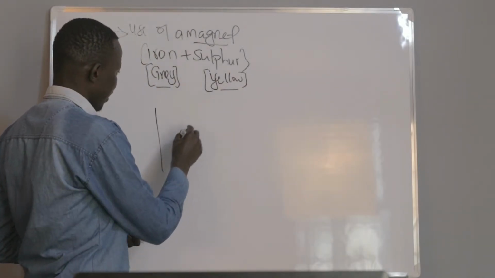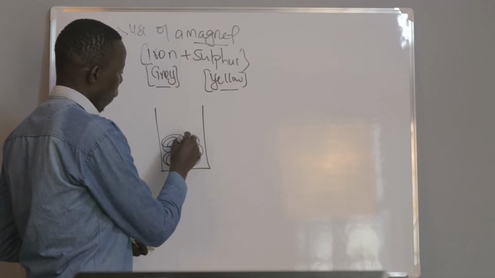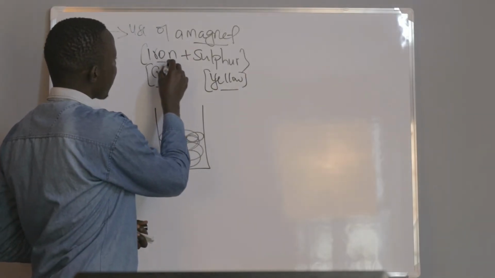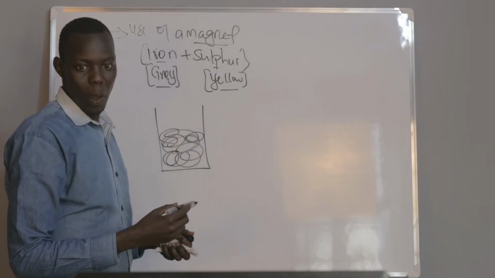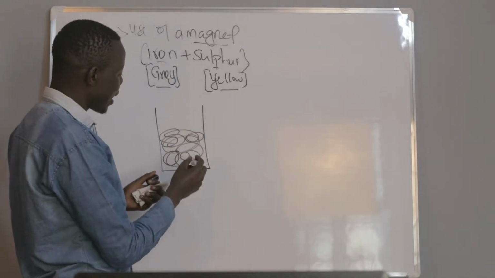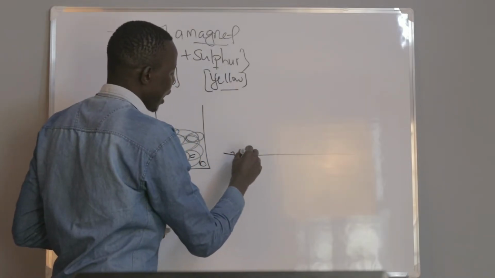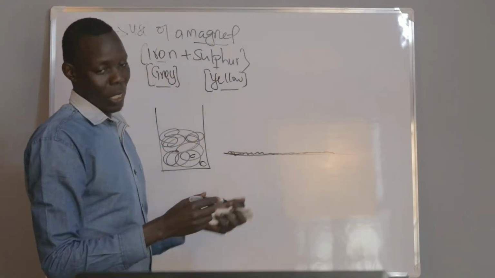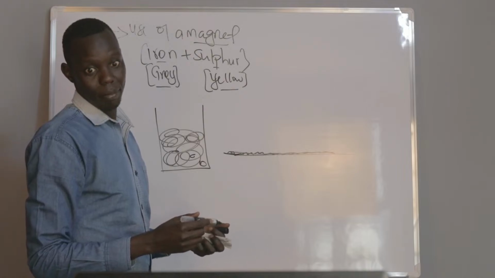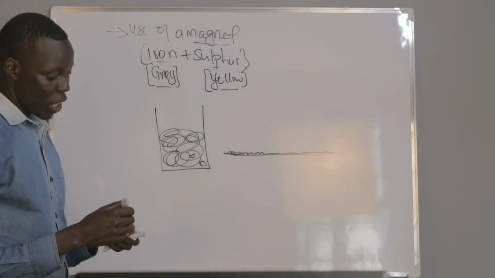If you have a container like this with a mixture of iron and sulfur, then you pass a magnet, it will only pick the ones on top, but it will not pick the ones that have gone down. But if you spread the mixture on a flat surface, it will pick all the iron. That is it.